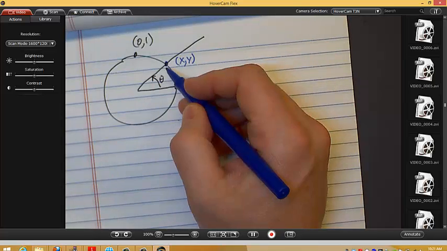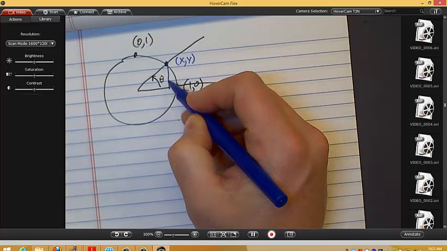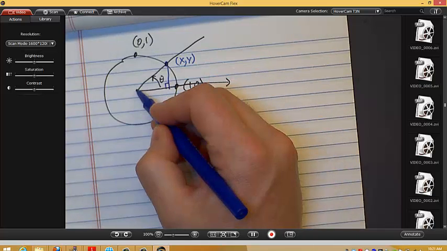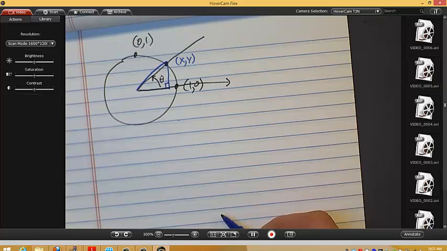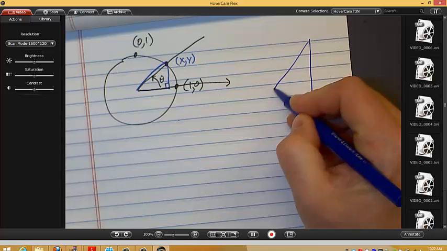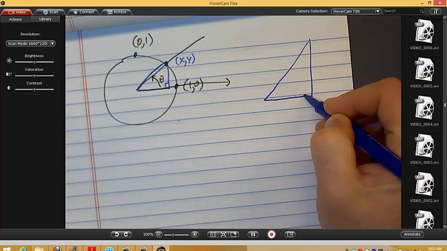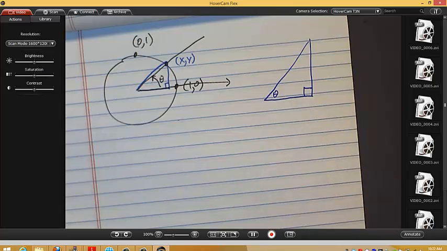But the other thing we know is that if I drop a perpendicular here, and I draw what you might call the reference triangle, that's a nice triangle. Let me draw a bigger picture of it here. It's a right triangle, and I know that this angle is theta, because that's how far I rotated.